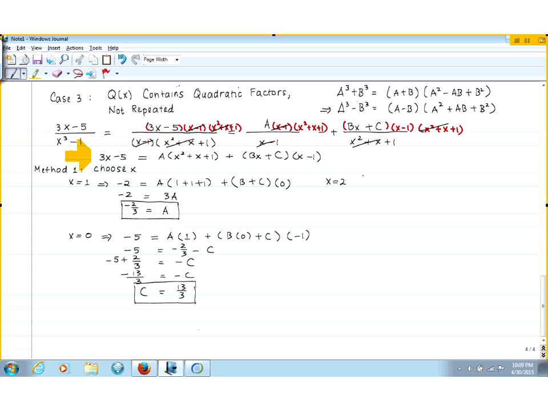Good. Now, the other one, we will just choose x equals 2, a simpler number. Small, simple numbers.